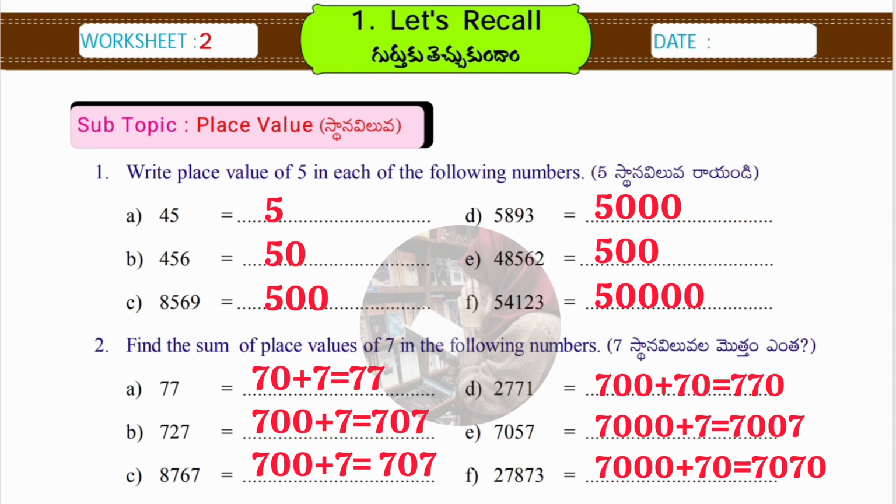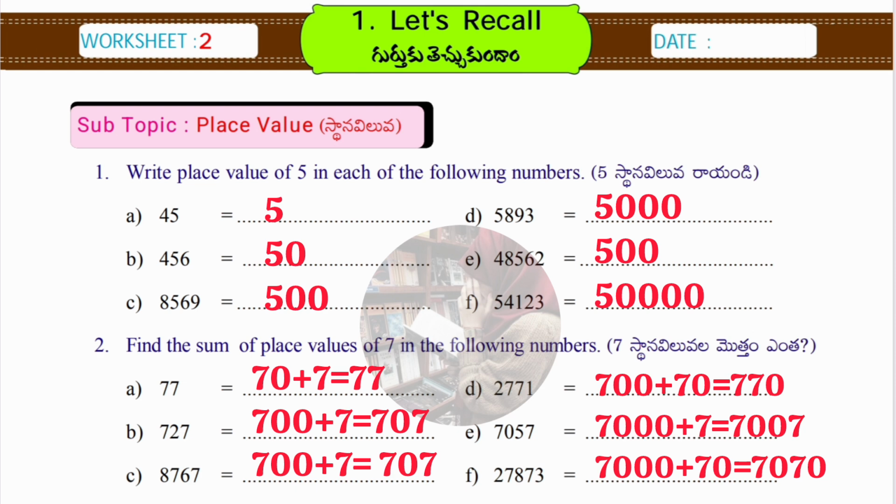Let's see. First one is 45. Here 5 is in ones place, that's why 5 into 1 is 5. Second one, 456. Here 5 is in tens place, that's why 5 into 10 is 50. Third one, 8569. Here 5 is in hundreds place, that's why 5 into 100 is 500.